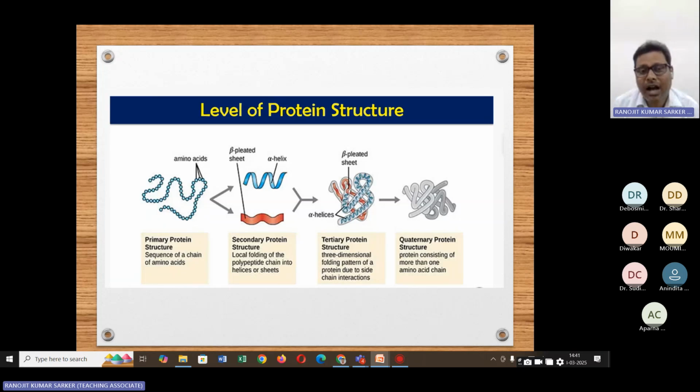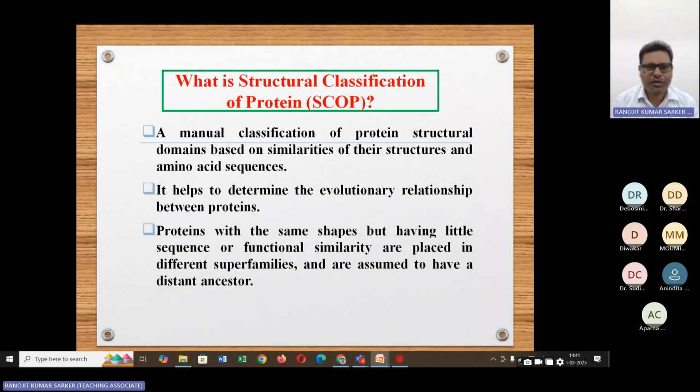Now we will see how these structures are classified in the secondary database, that is SCOP. So what is SCOP? Let us discuss in a few minutes that SCOP is a manual classification.